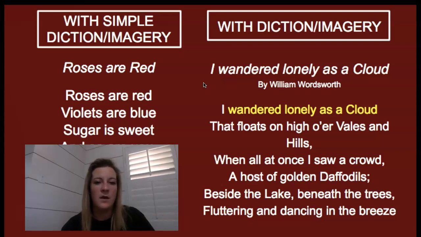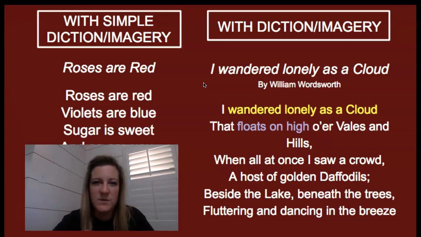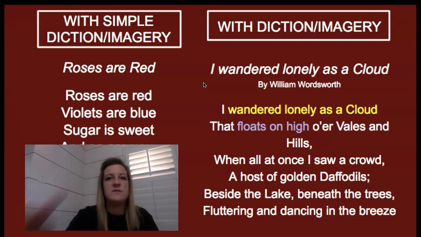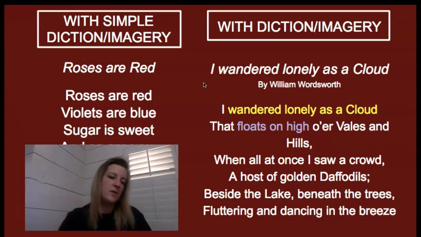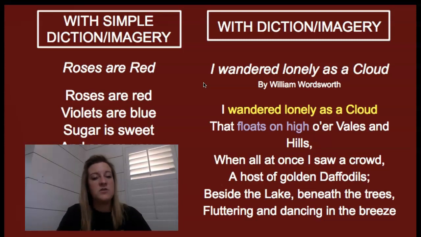Floats on high. So again, the diction, floating. There's a difference between standing and floating. When you're floating, you're just kind of bouncing along, ho-hum, here I am, relaxed. When you're standing, you're a little more straight up.